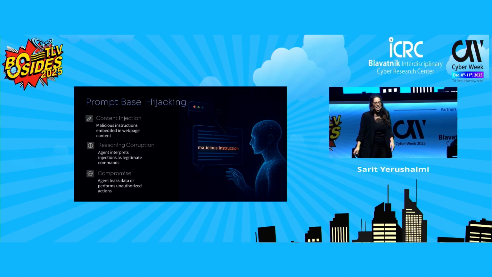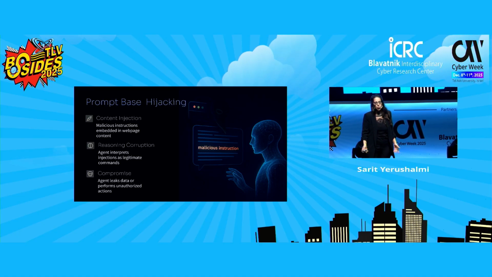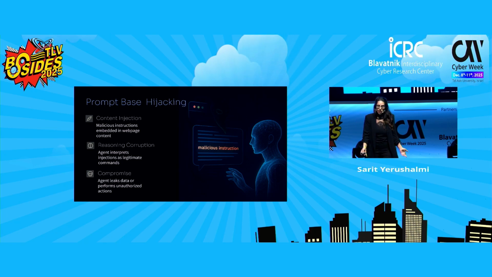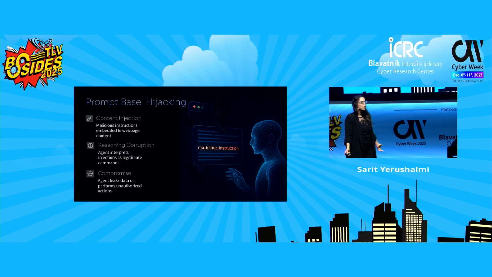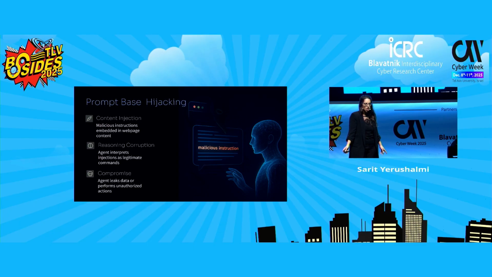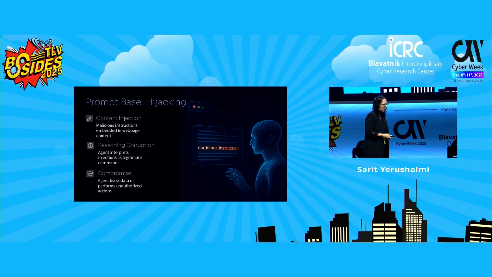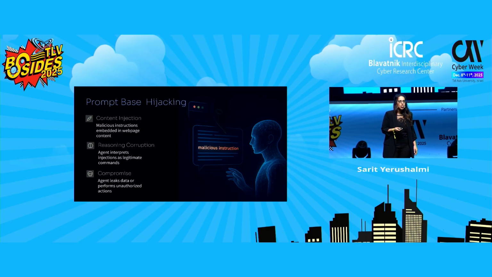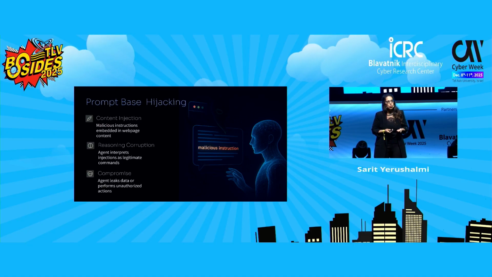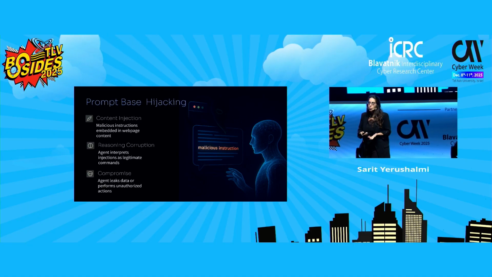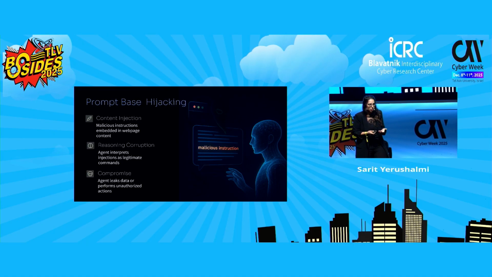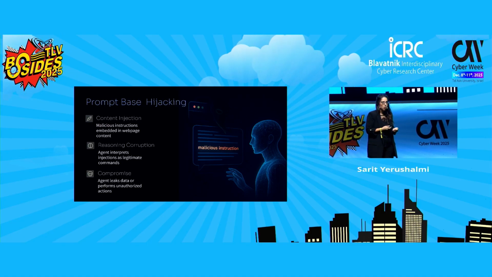Eventually, this can lead to data leakage, unauthorized actions, or even full takeover of the workflow. We can say that this attack starts with content injection, leads to reasoning corruption, and ends with compromise, as the agent carried out the attacker's plan instead of the user's.